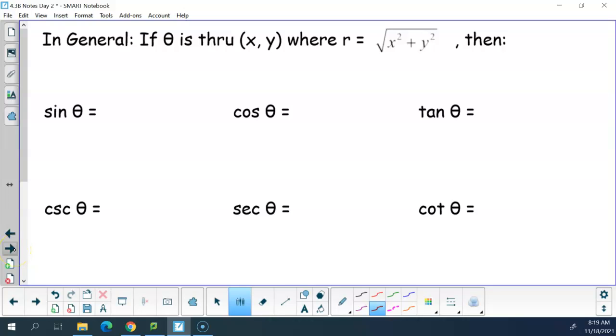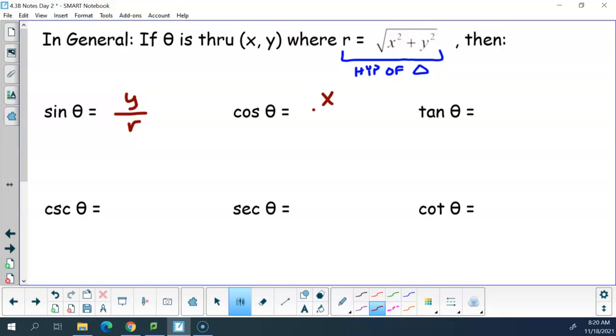So in general, you have this written down, I think, from Tuesday. If r is the hypotenuse of your triangle, then the sine of theta is going to be y over r.